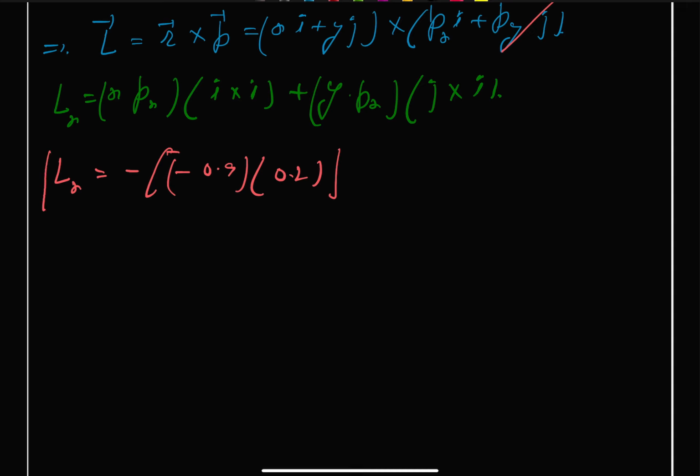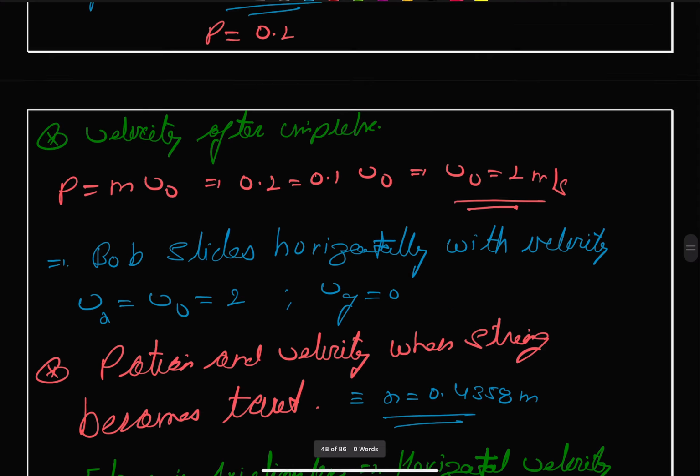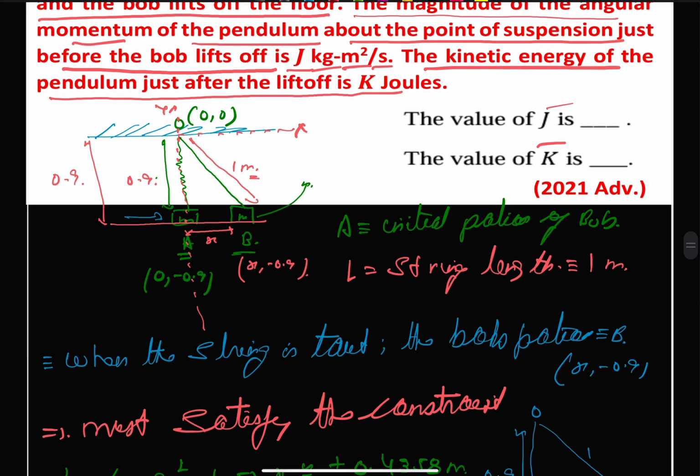Okay, it's magnitude only, it doesn't matter. So this will be coming as 0.18. So just before liftoff, the angular momentum along k, in magnitude, is 0.18.